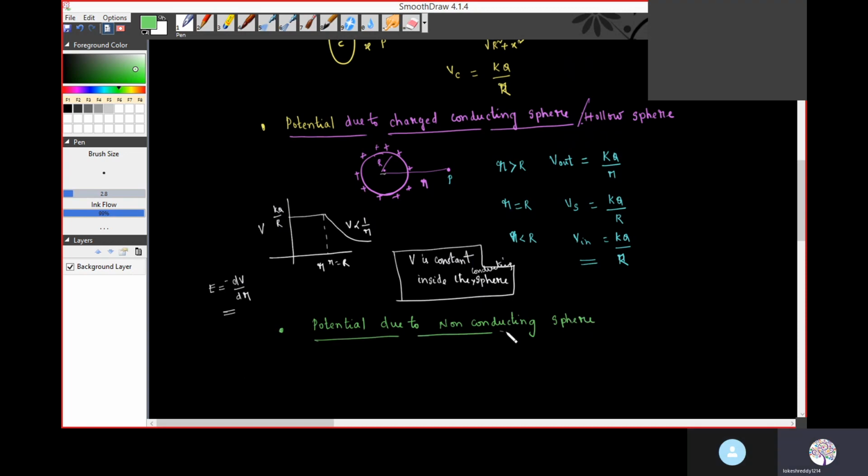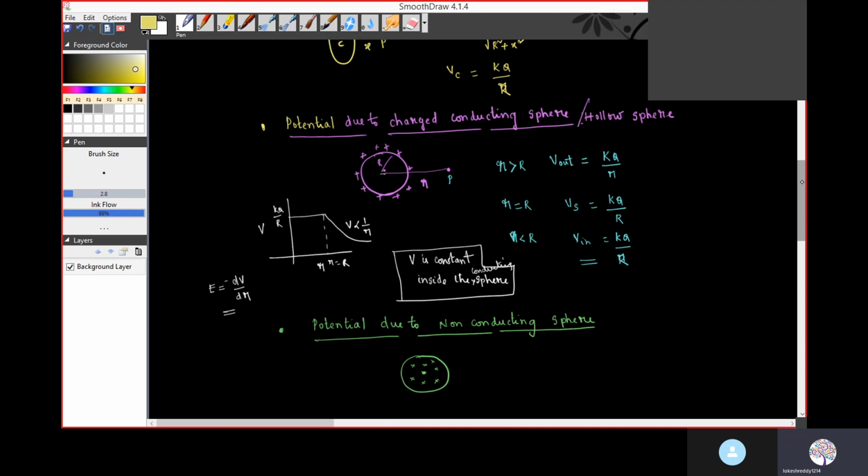A non-conducting sphere means the sphere is made up of paraffin wax, and you have some charges embedded in it like this.